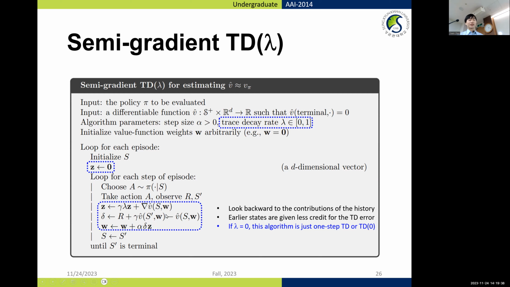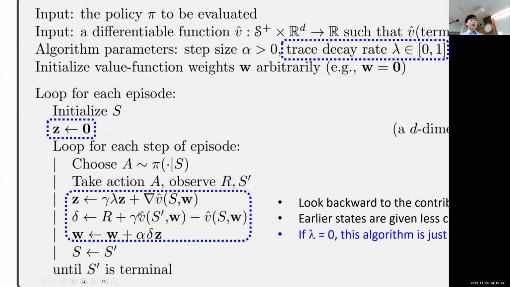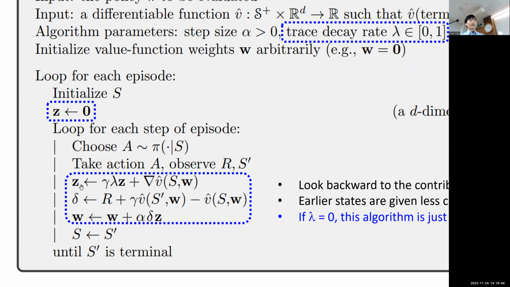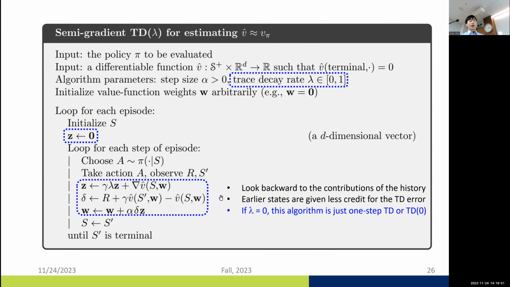The updating process is just the equations we learned in the previous slides: the z, delta and w, the three equations. We look back at the contributions of the history, and earlier states are given less credit for the TD error. If lambda equals 0, then this is just one-step TD.